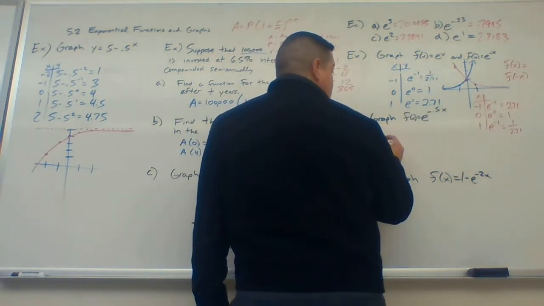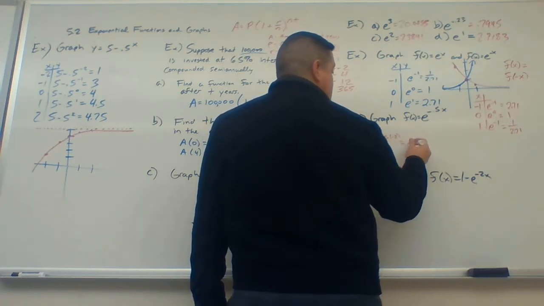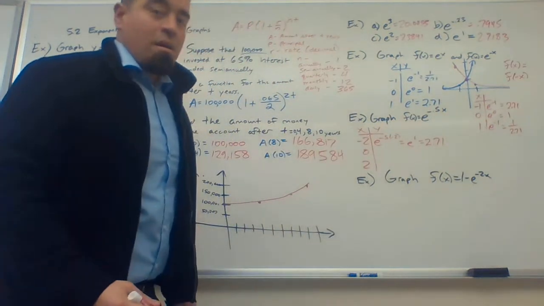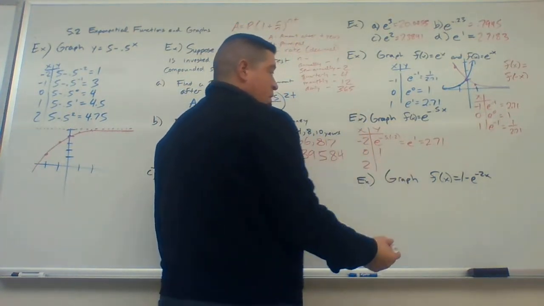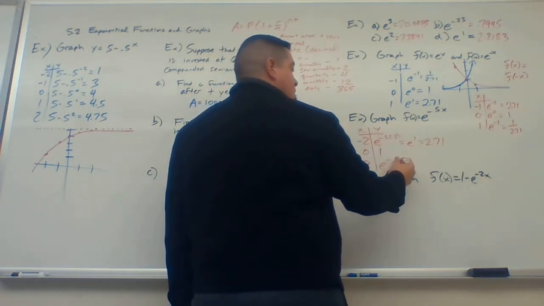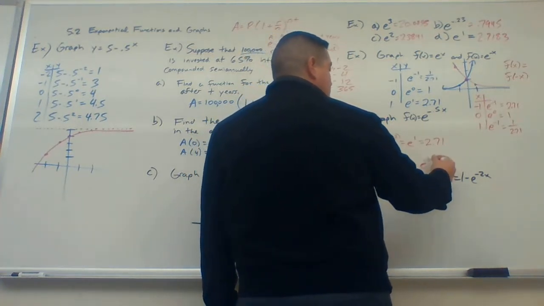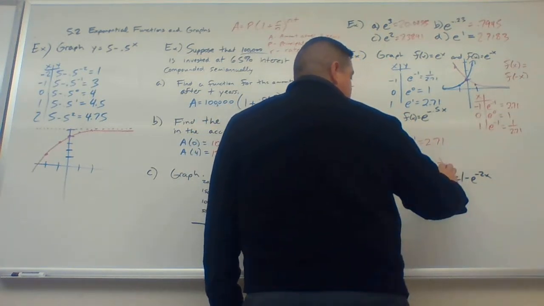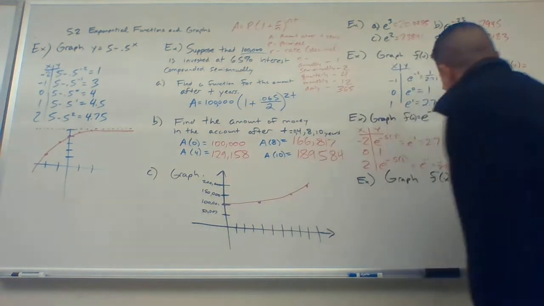So this is really e to the negative 0.5 times negative 2, which is really e to the 1, which I know is 2.71. This is just going to be e to the 0, so I know that's 1. This is going to be e to the negative 0.5 times 2, which I know is e to the negative 1, which is 1 over e, or 1 over 2.71, pretty much. So just from that, I can probably graph it.